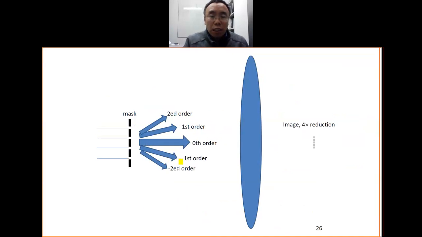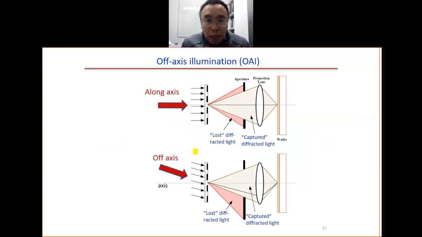You can see that we have seen this slide. When the light passes through a grating mask, there is diffraction. This is the lens, and this is the image. Normally we do the along-axis illumination. In this case, this part of the light gets collected to form the image. This part, the purple color light, gets diffracted and lost.